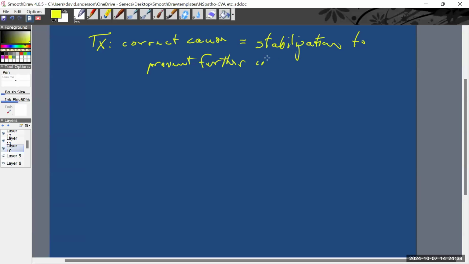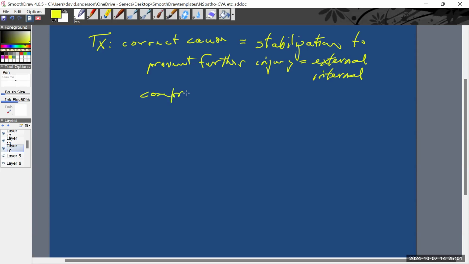So that stabilization may initially be external in the first aid sort of scenario, and eventually internal with some surgical stabilization with rods and screws and so on, in order to try to prevent additional injury.